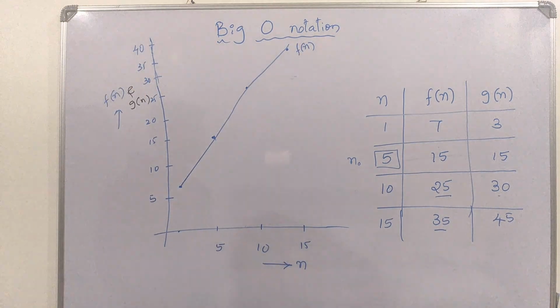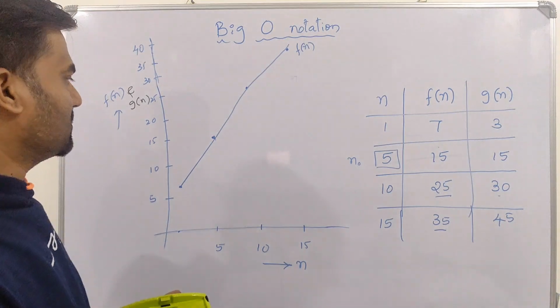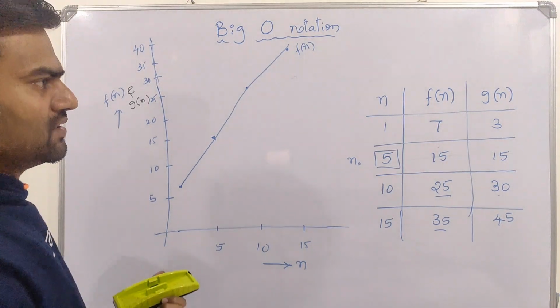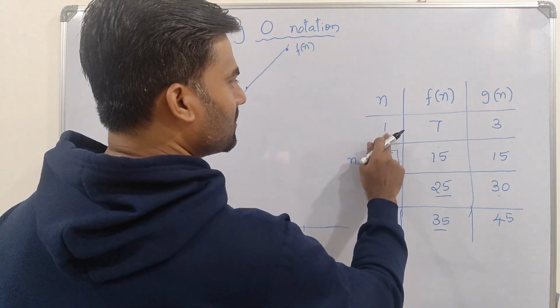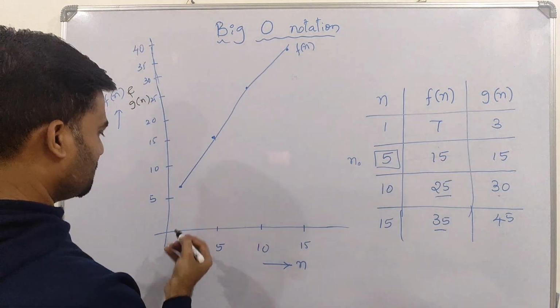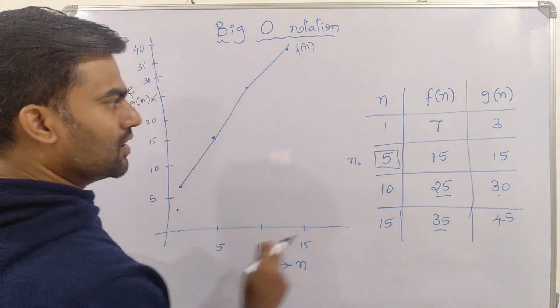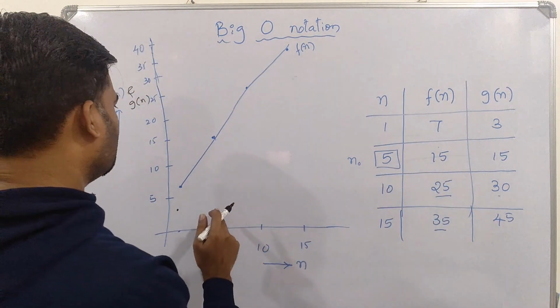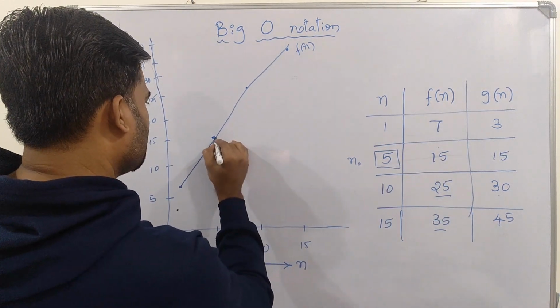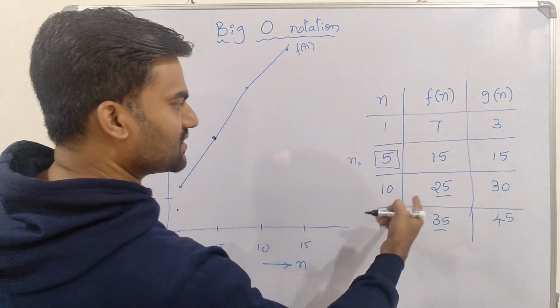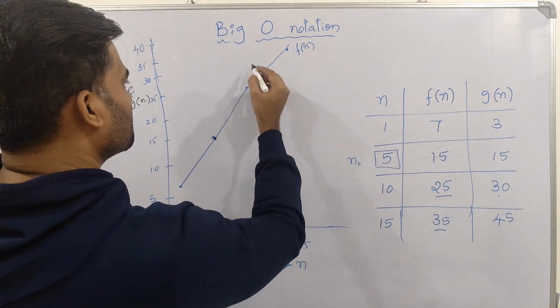Now let us try to draw it for g of n. I will use black color for that. When the value is 1, it is 3, so somewhere here. When the value is 5, it is 15, so here it collides. When the value is 10, it is 30, so somewhere here.